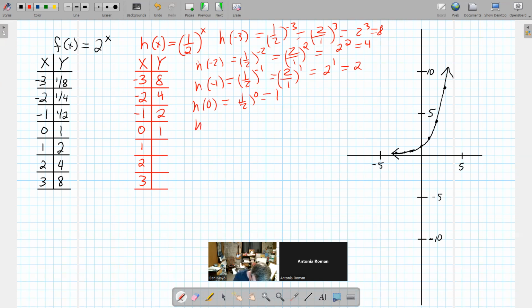If x is 1, h of 1 equals 1/2 to the 1 power, which is 1/2. If x is 2, h of 2 is 1/2 to the 2 power, which is 1 squared over 2 squared, which is 1/4. If x is 3, h of 3 is 1/2 the quantity cubed, which is 1 cubed over 2 cubed, which is 1 over 8 or 1/8.